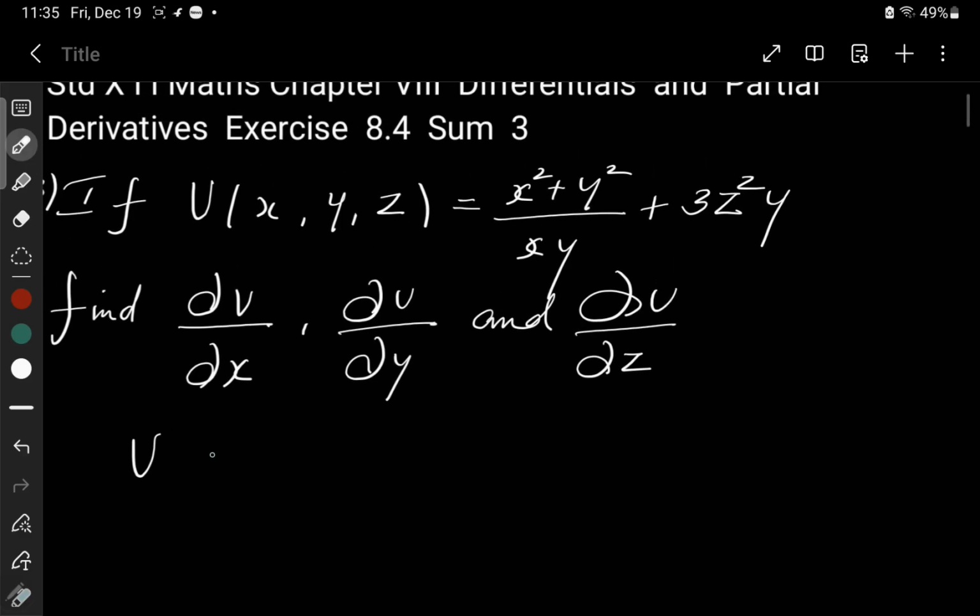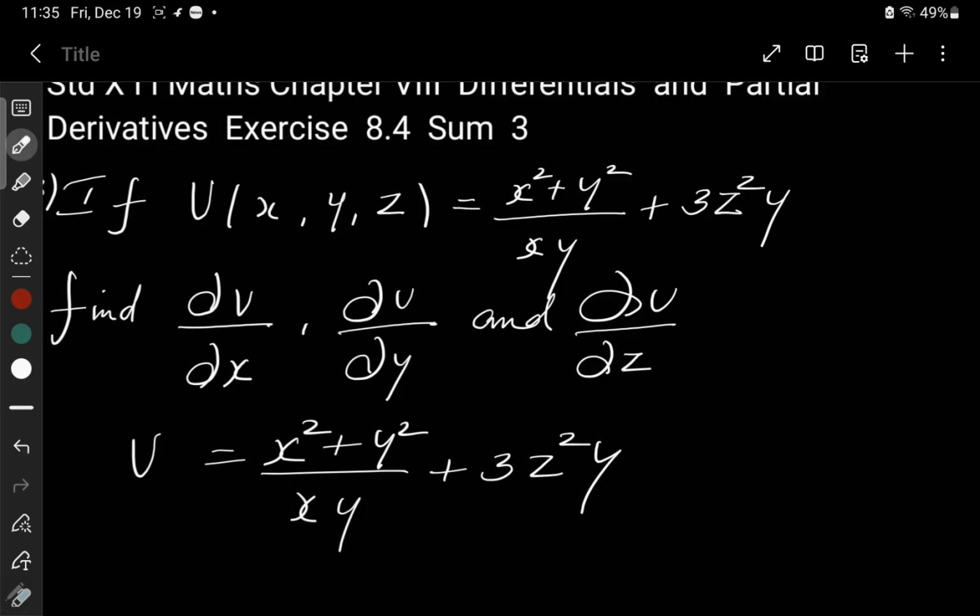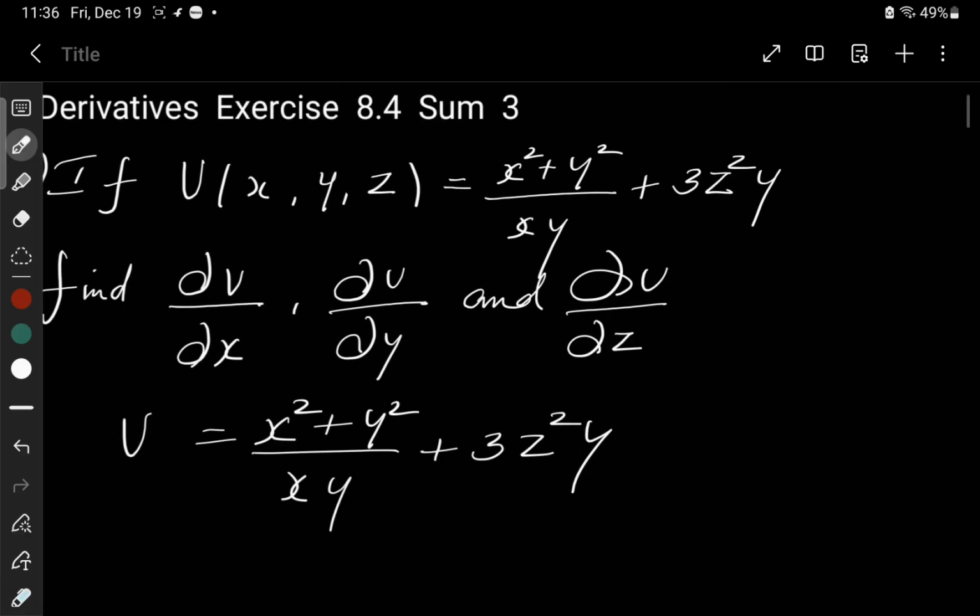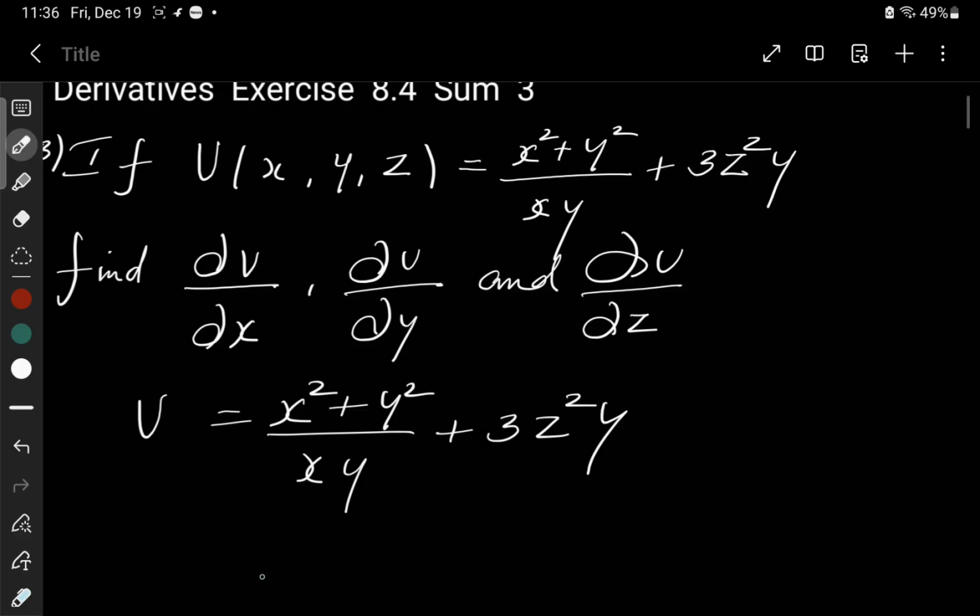So, u is a function (x square plus y square) by xy plus 3z square y. Usually we use the letters f and g to represent the function. Here they use the letter u. Here I simplify this function.